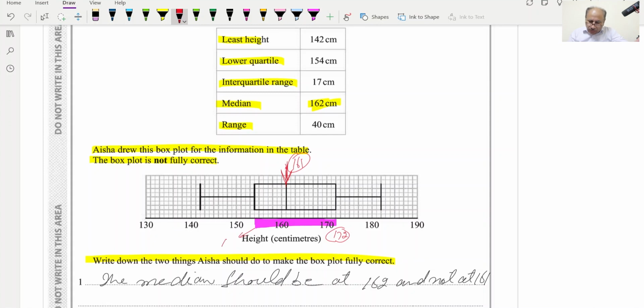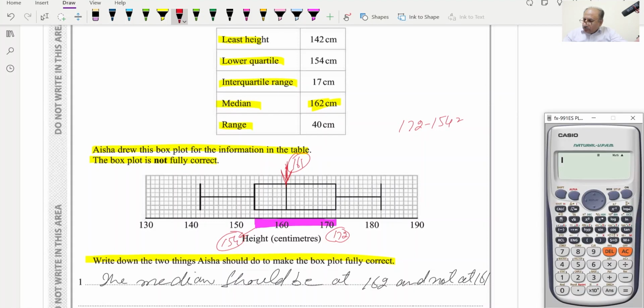So interquartile range will be 172 minus 154, which is equal to 18.